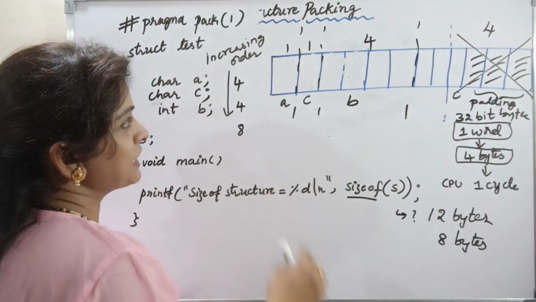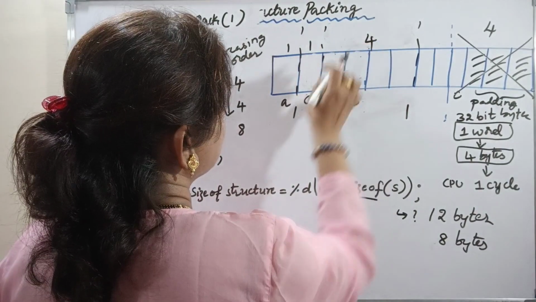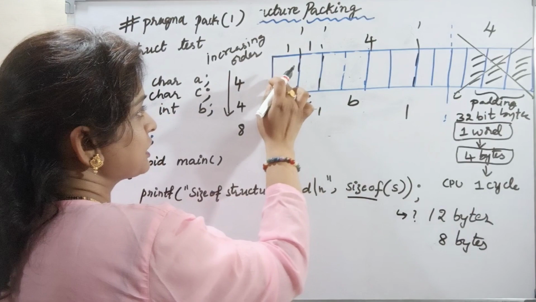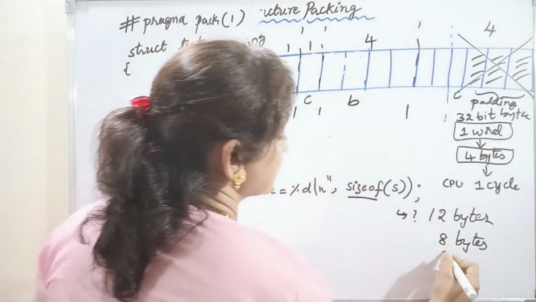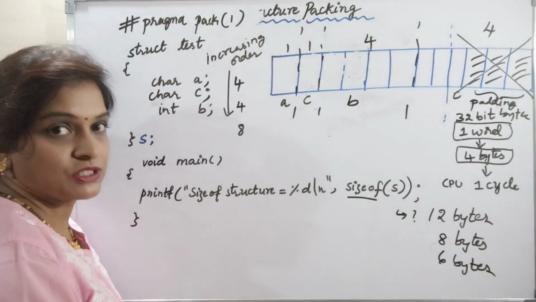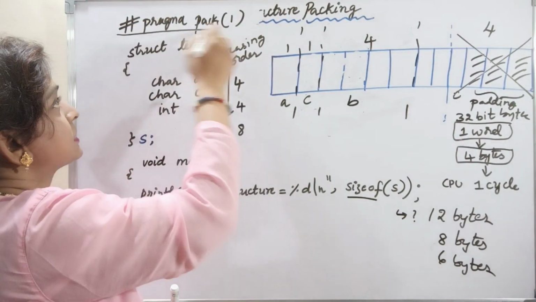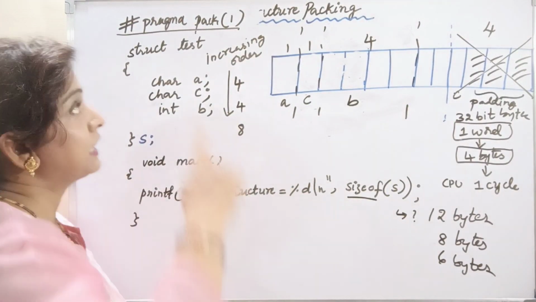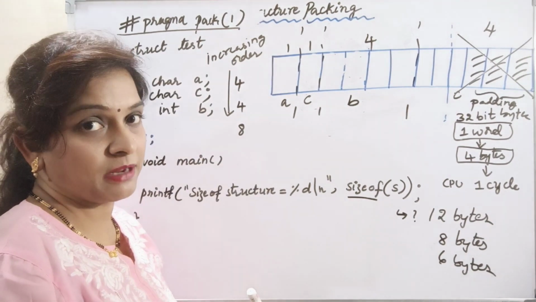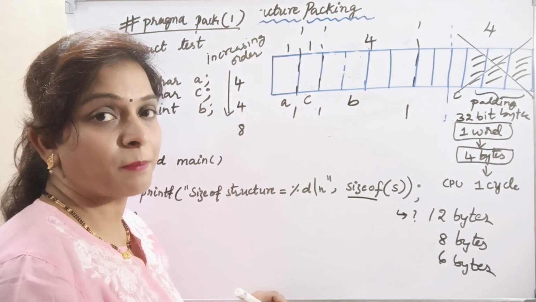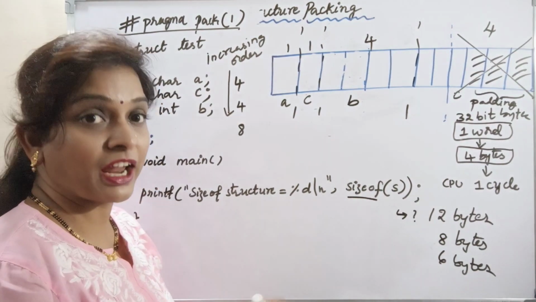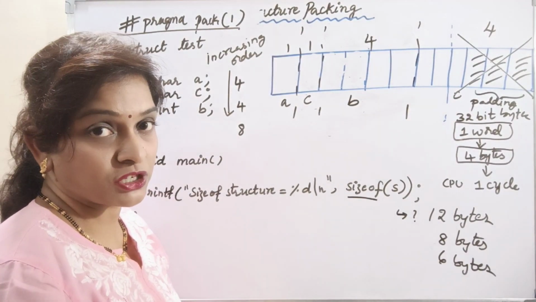It is 6 bytes for the structure. When we include this directive pragma, it is going to pack the padding bytes, so no additional padding bytes will be included. So this is how we can do the packing of structure.